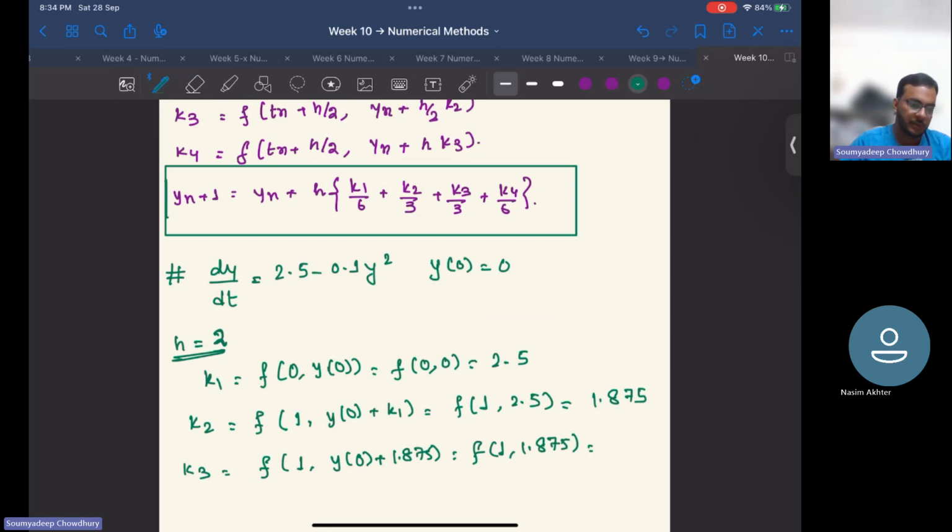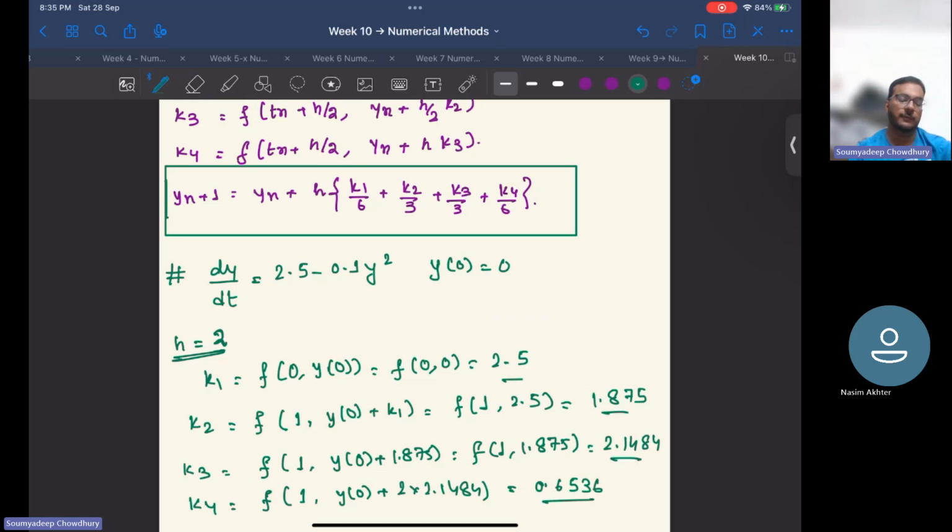So it is 2.1484. K4 is f of 1 comma y of 0 plus, it is not h by 2 here, it is h, times 2.148. If you substitute this, this will come to be 0.6536. So K1, K2, K3, K4, all you have got.